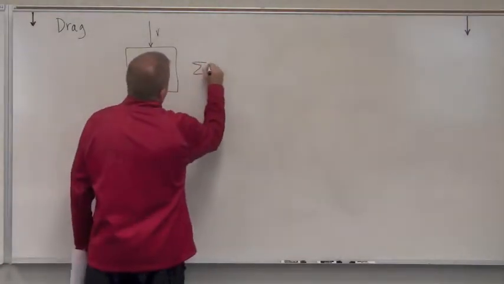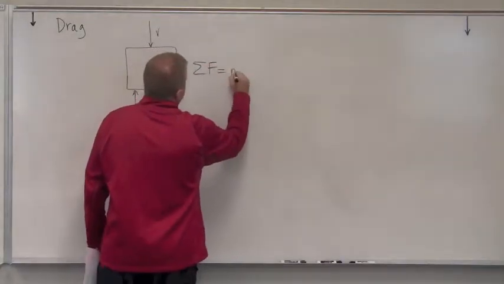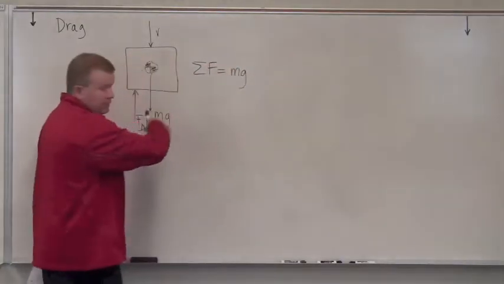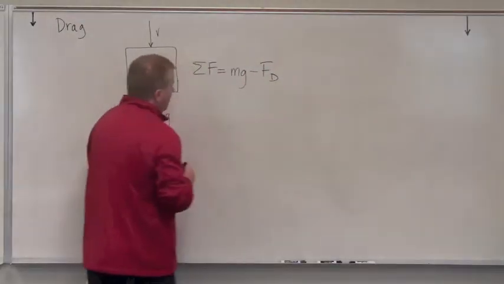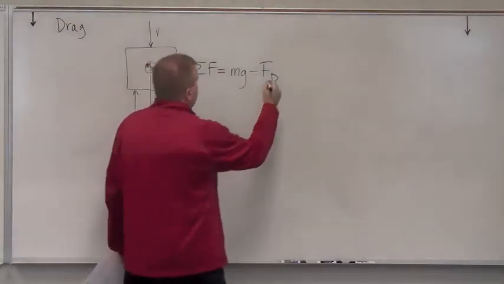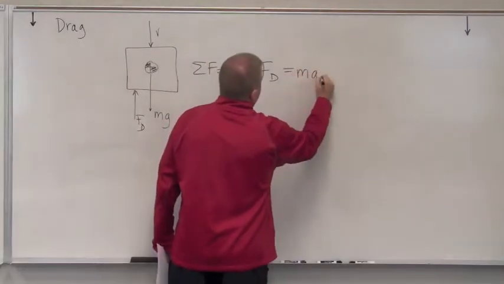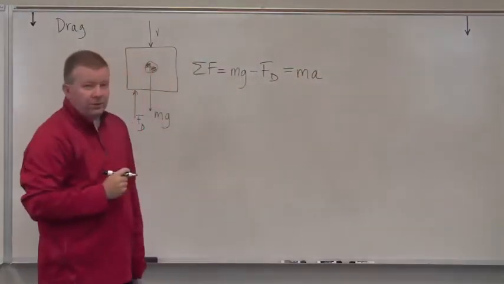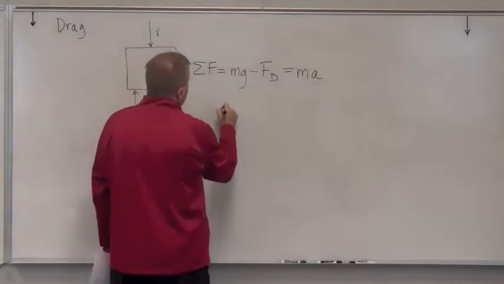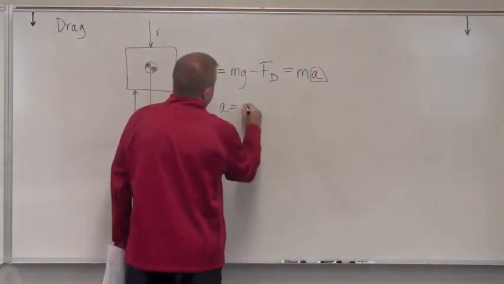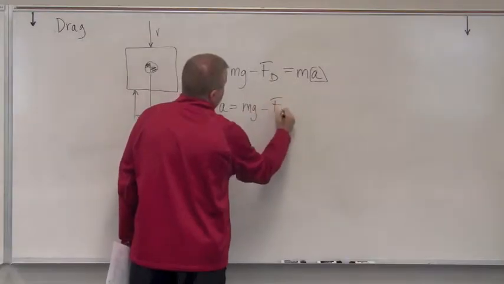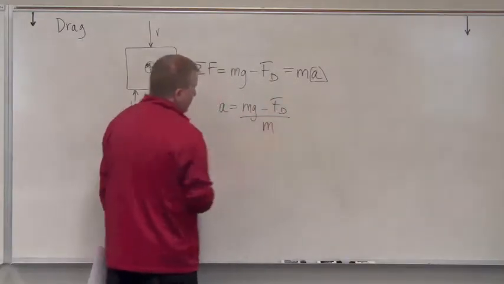If we do the sum of forces, we have mg, the force pulling us down, and then the drag force pushing us up. Because we're moving, that is equal to ma. Now we can start figuring out some things, because what we really need is to solve for that acceleration. So we have a equals mg minus F d, over the mass of the object.